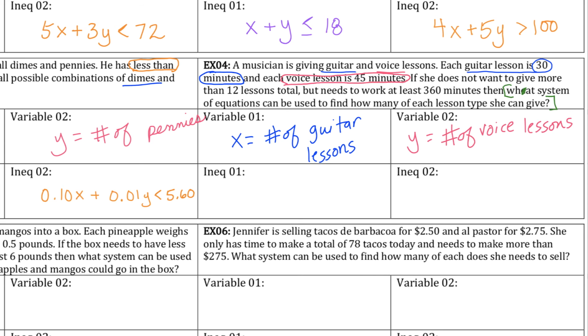Let's look for the total number of lessons. It says give more than 12 lessons total. Let me use the other purple, it stands out more. So the number of guitar lessons and the number of voice lessons should be more than 12.